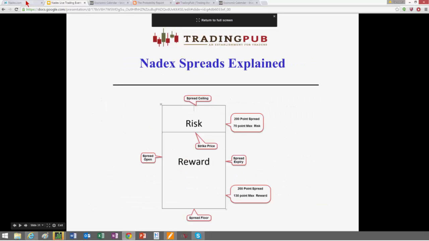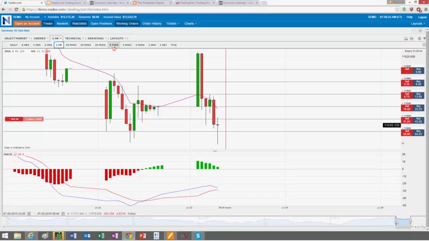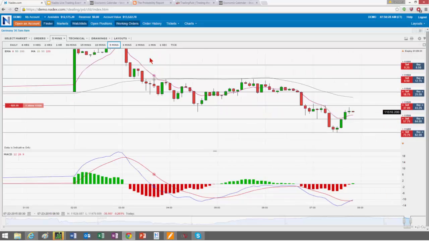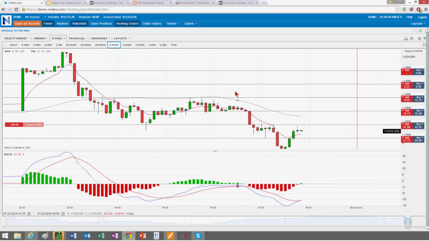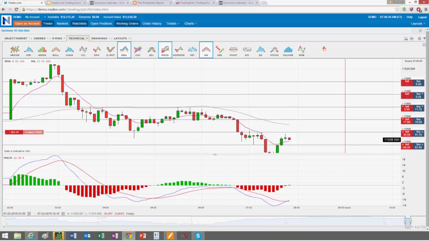Okay, I'm going to jump back to the markets over here and follow our little Germany trade and see what's going on. Looking at it on a 5-minute chart, there are a lot of indicators you can pull up also. I like my charts really clean, but Nadex gives you some pretty popular indicators you can work with.